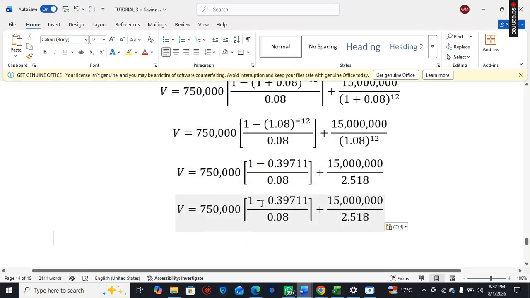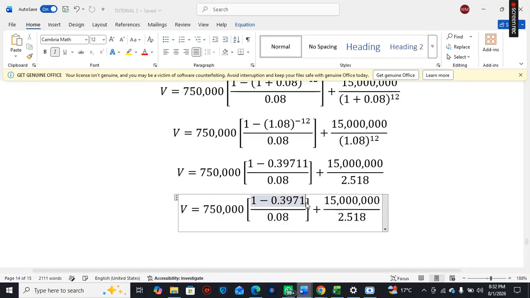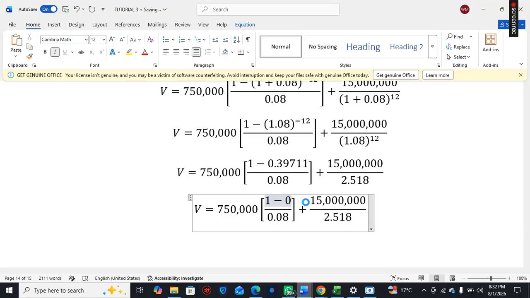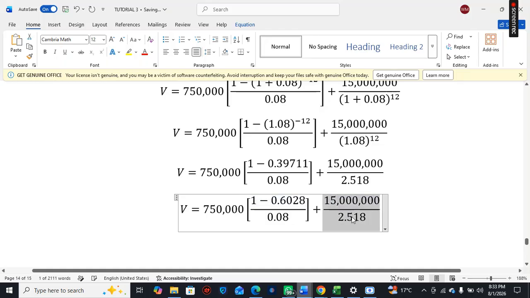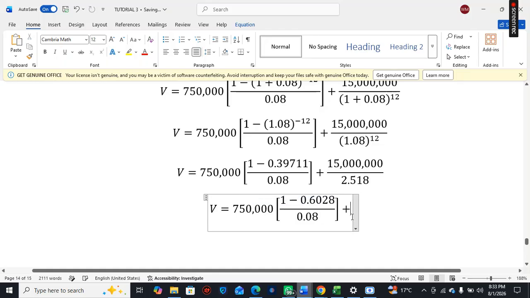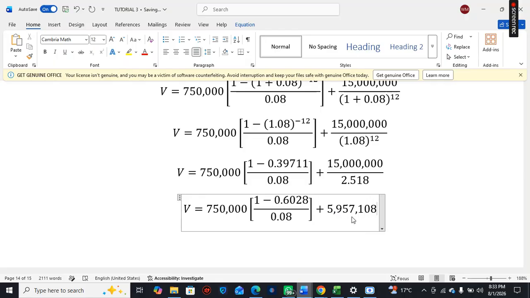One minus 0.39711 gives us 0.60289. On the other side, 15 million divided by 2.518, we get 5,957,108.82.